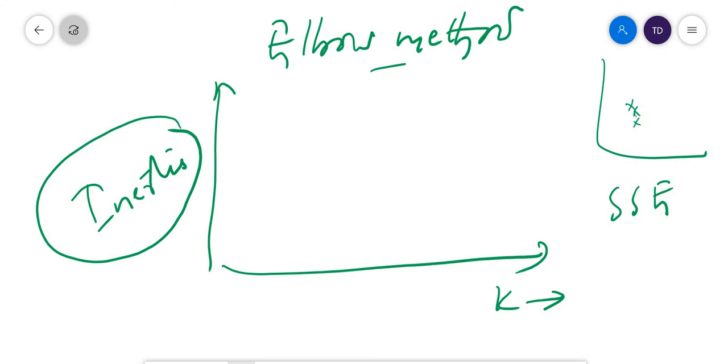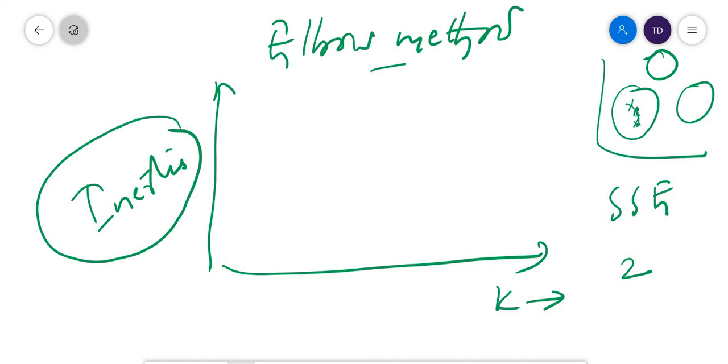It is a graph connecting inertia and K. So what is inertia? You have three clusters here. You will calculate the Euclidean distance between the centroid and the first data point. You will get one value, let us assume it is 2.